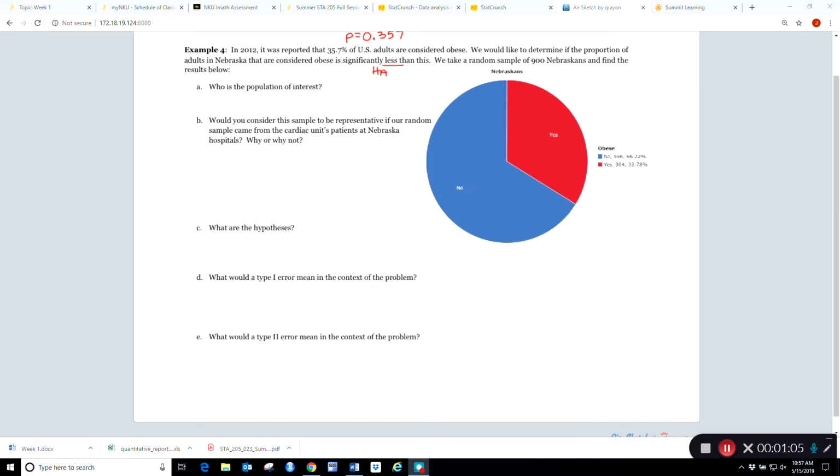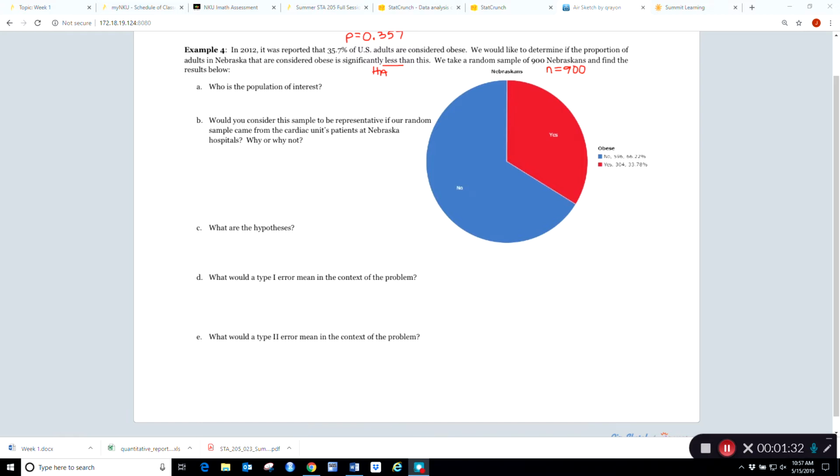So we took a random sample of 900 Nebraskans. So we have our n, and got the following results. Here's our pie chart. What we can see is of our 900 people, 304 of them were considered obese and 596 were not. We're also given the percentages. This is going to help me find my p-hat as well.